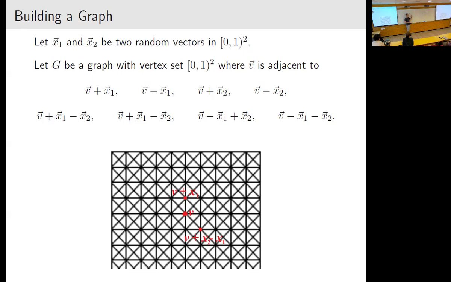You could even choose these things in a non-random way; you just have to be more careful, because there are some conditions they need to satisfy. It's actually weaker than choosing them randomly. You just need some conditions, but a random pair will satisfy those conditions with probability 1.